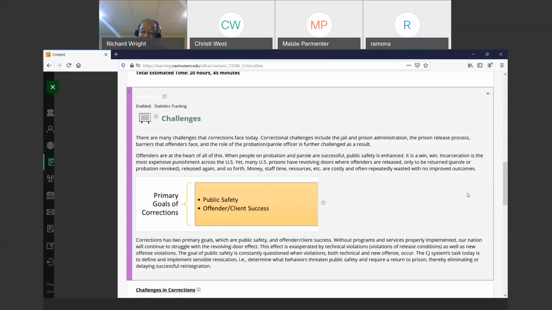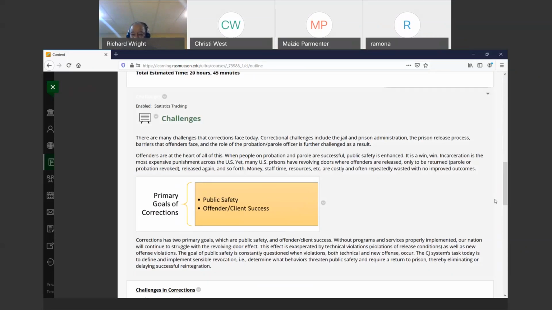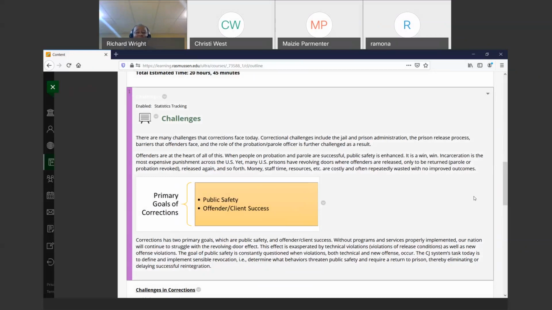But the key thing is to try, again, I repeat, and I sound like a broken record, to keep from locking these people up again, right? I heard one time somebody say that one of the reasons why it's good to lock them up is that you keep yourself employed.